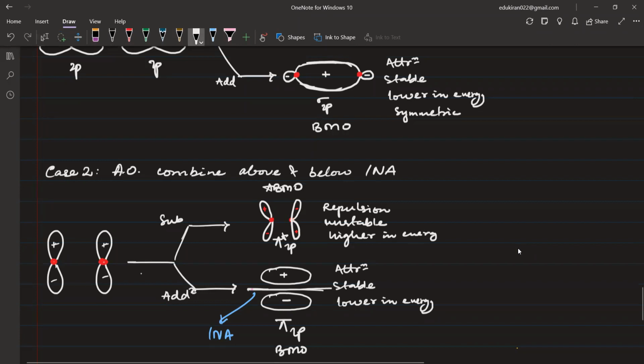Now, obviously, if I look like this, then this is not symmetrical. See, if you look above the internuclear axis and below the internuclear axis, both of these phases are different. That is why it is not symmetric. It is unsymmetric.